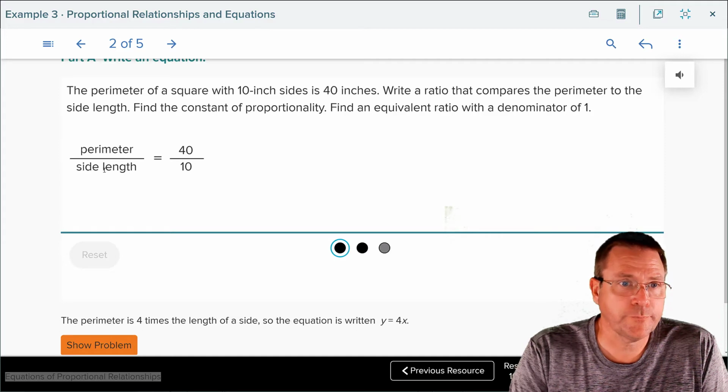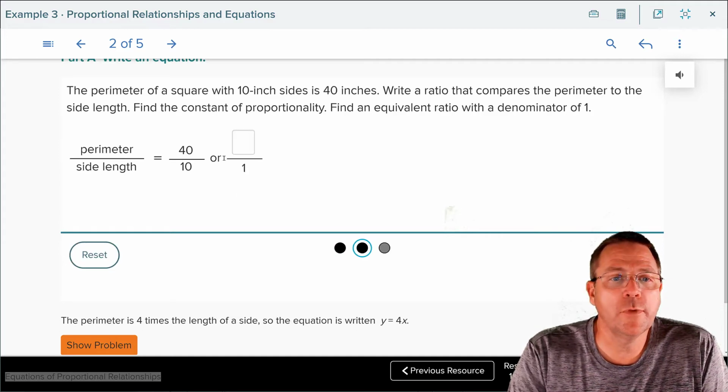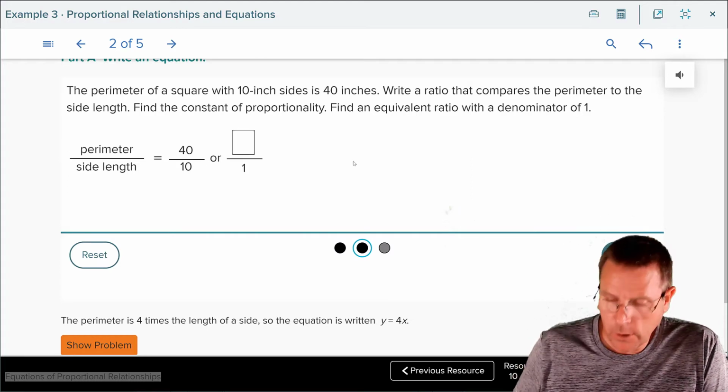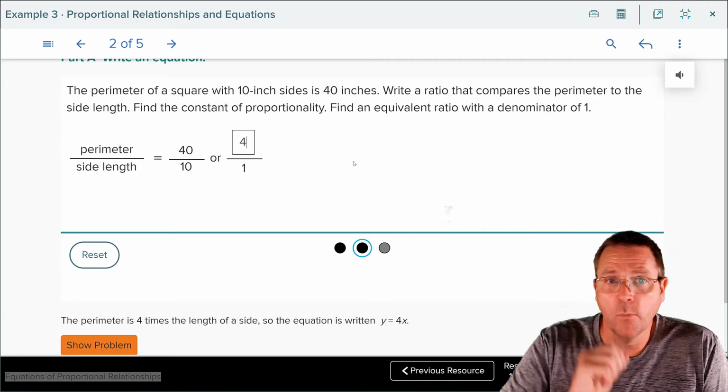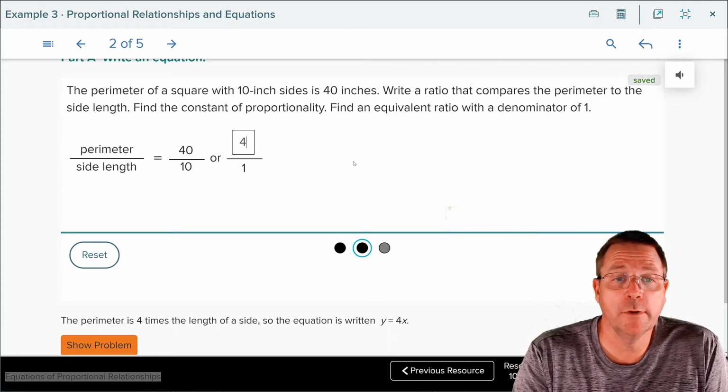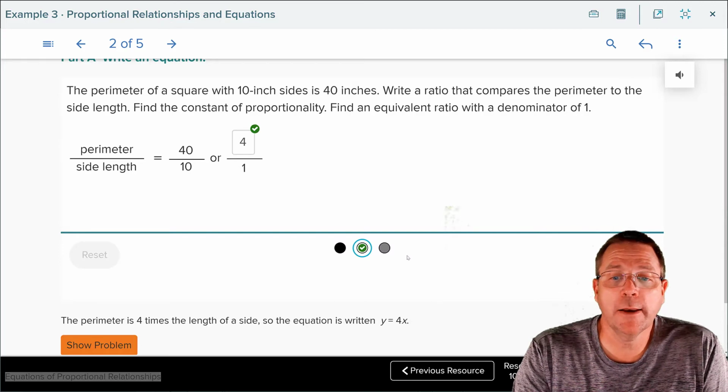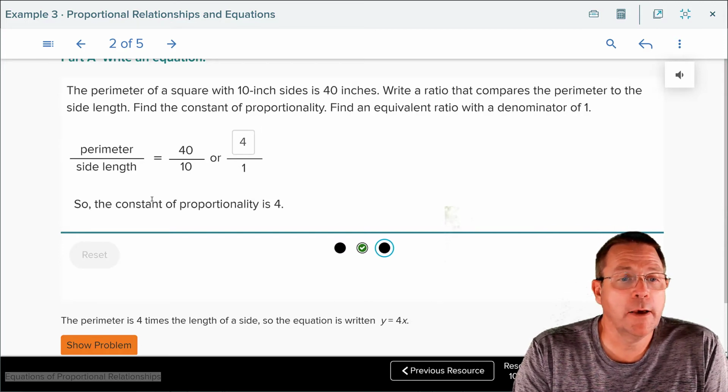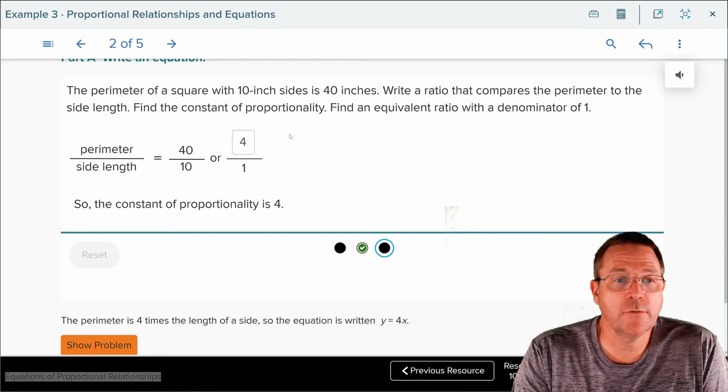Perimeter is to side length as 40 is to 10. If you were to divide top and bottom by 10, what would you end up putting there? You'd end up putting a 4 there. But we're going to show you the proper way of doing this in just a second. Check that. It did check. And now you'd say the constant of proportionality is 4.